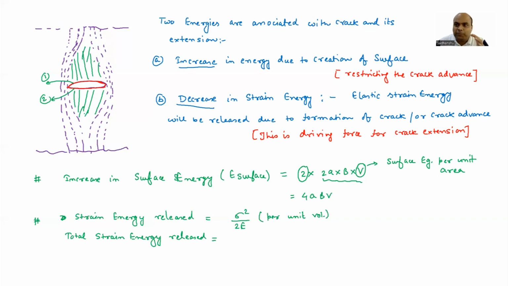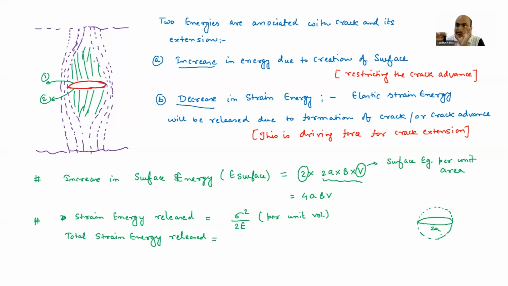Now, if I assume this whole thing to be circular, I have this crack which has a length of say 2A. If I assume this region to be a cylinder, the volume will be pi A square B, because A becomes the radius of the circular region.